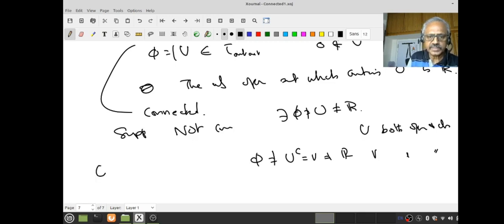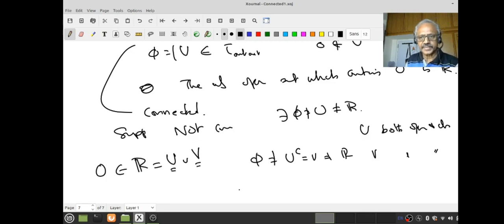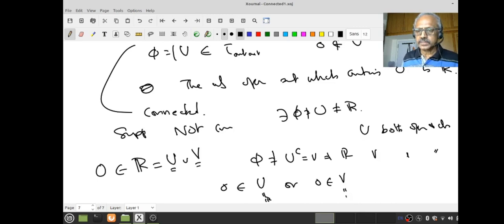Now take 0, which is in R, which is equal to U union V. Therefore 0 must be in U or 0 must be in V. You follow that? But I have a contradiction. The only open set which contains 0 is R, that means U is equal to R, or in this case V equals R, but our assumption is U is neither the empty set nor R, and similarly V is neither the empty set nor R. This contradiction shows this is connected.